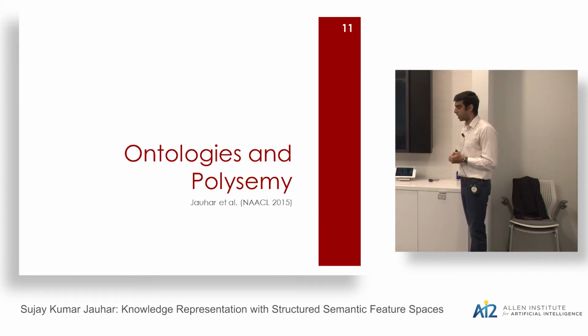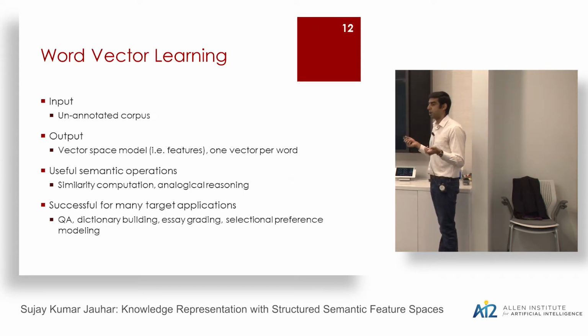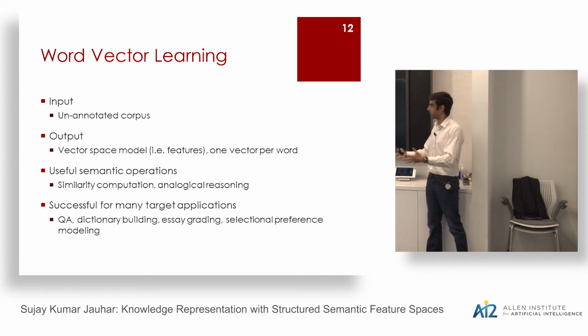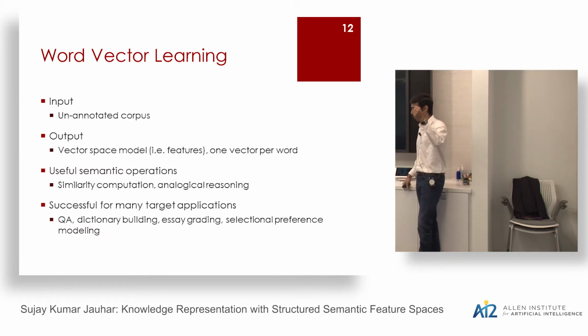All right, ontologies and polysemy. Vector space models are hot. What are these? Basically, you have an unannotated corpus that you're given. You process that in some fancy way, and what you get as an output is a vector space model, where each word in your vocabulary is mapped to a high-dimensional vector in this space.